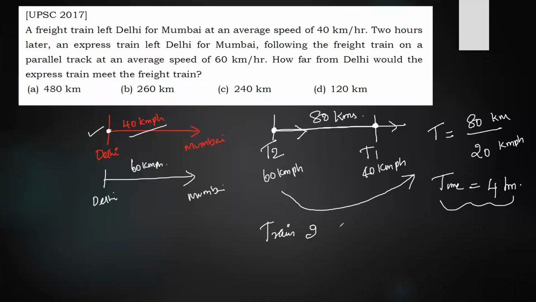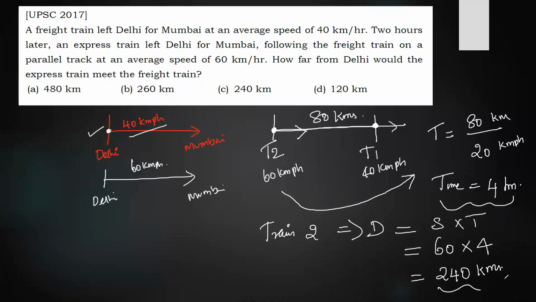So time is 80 by 20, within 4 hours it will catch the train. We know that train 2's speed is 60 kilometers per hour, right? So we need to find the distance, which is speed into time. So train 2's distance is speed 60 kilometers per hour and time taken 4 hours to reach that.